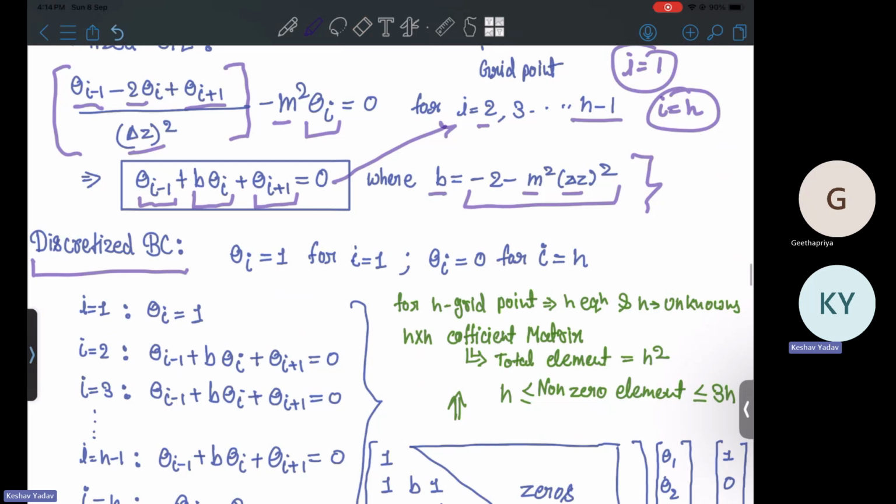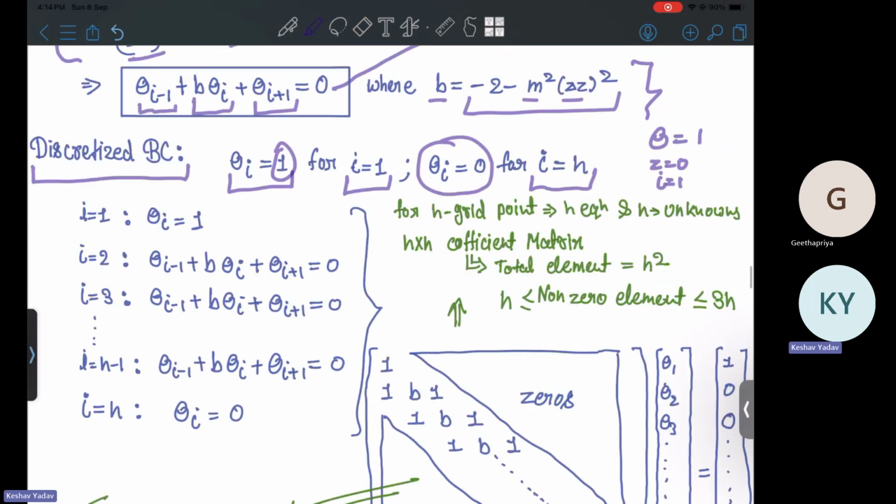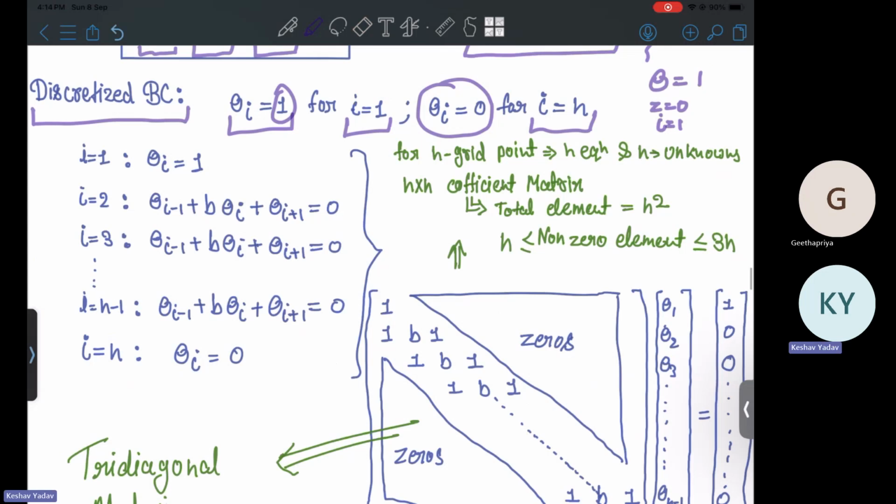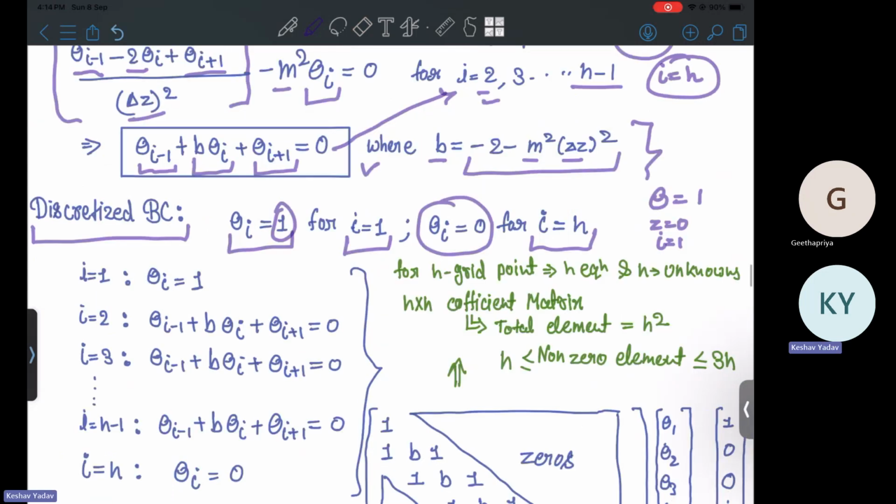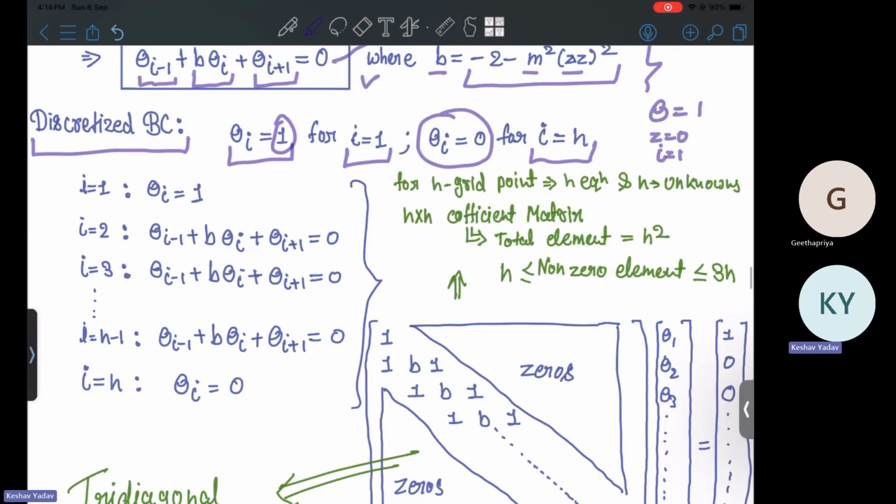So now we need to find the discretized boundary conditions. Theta at i equal to 1 is what? 1, from theta equal to 1 at z equal to 0. So at i equal to 1, theta is 1. Similarly, at i equal to n, theta is 0. Now, if I write it for i equal to 2, 3, dot, dot, n minus 1: for i equal to 1 we have theta equal to 1.